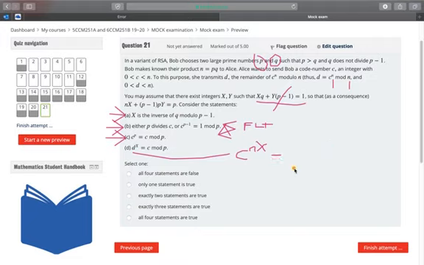Let me say that c to the nx plus c to the p minus 1 times py is equal to c to the p.